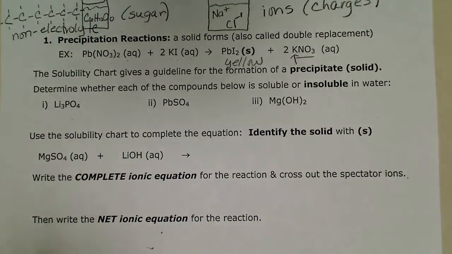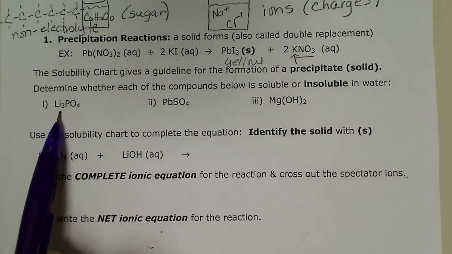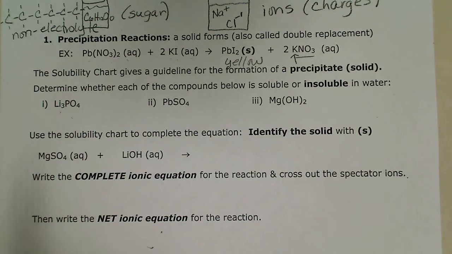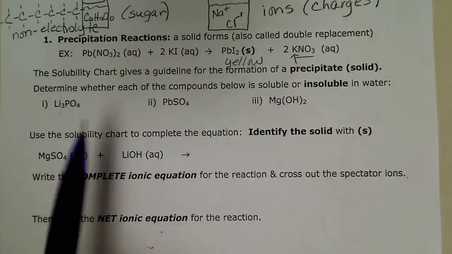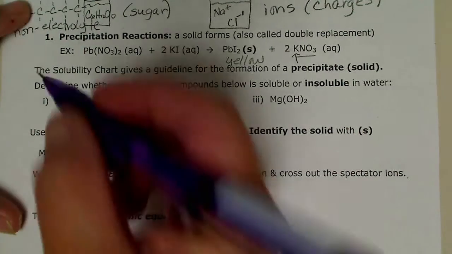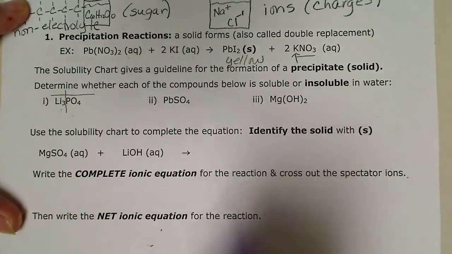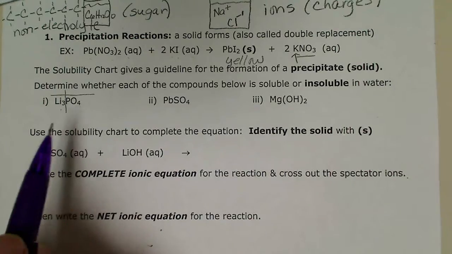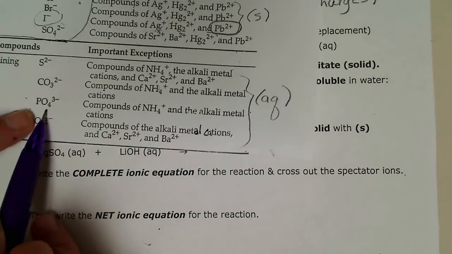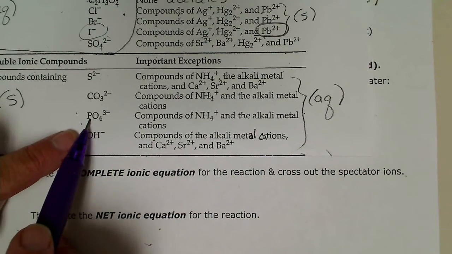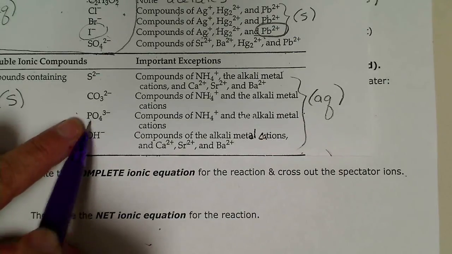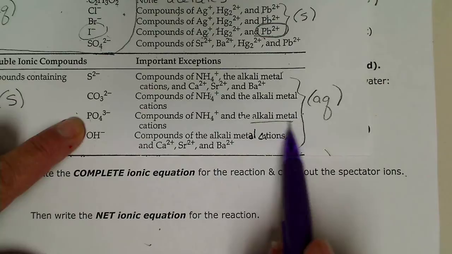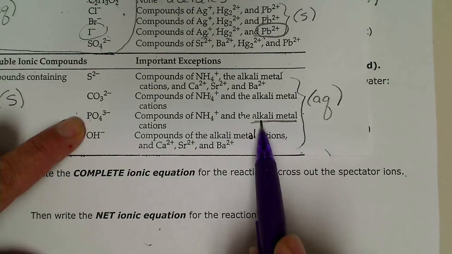So if we remember that column 1 metals are always soluble, that's just about as important as nitrates are always soluble. So if I look at phosphate, this is a polyatomic ion. Phosphates are insoluble, so if phosphate is with a metal, it's going to make a solid. But if we look over here, the alkali metals are the exception.